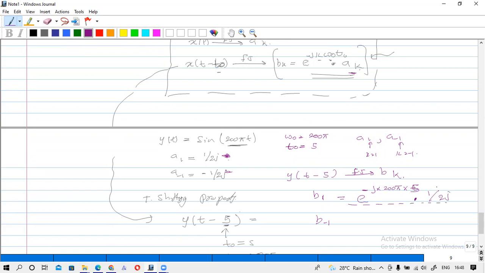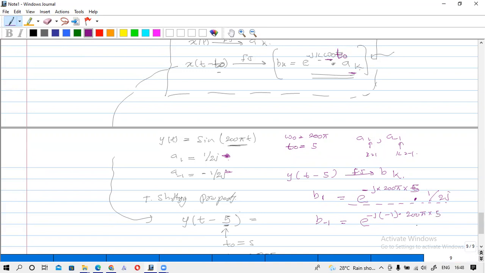In the same manner, you can write b minus 1 also. So you have e to the power minus j k omega naught t0, where k is equal to minus 1, omega naught is equal to 205, and t0 is equal to 5.